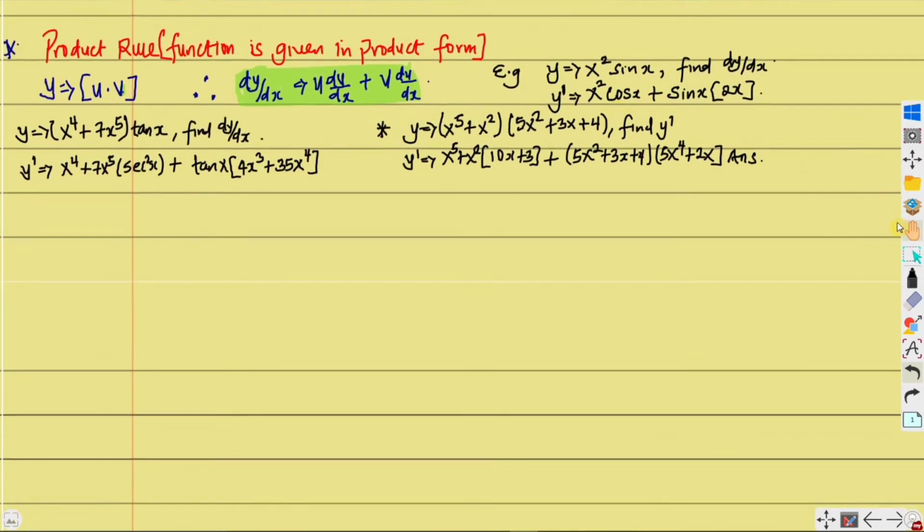Now, in physics, and in mathematics as well, the quotient rule is also very important as we move forward in our concept of physics.